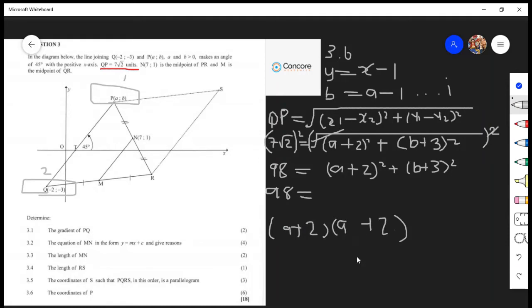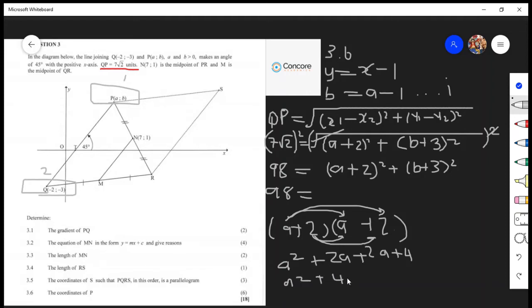So when we multiply, we'll say a times a, which is a squared, and a times positive 2, which is positive 2a. And then we go to the next term, which is 2 times a, which is then 2a, and 2 times 2, which is then positive 4. And we can add up the two middle terms since they're like terms, and we'd have a squared plus 4a plus 4.